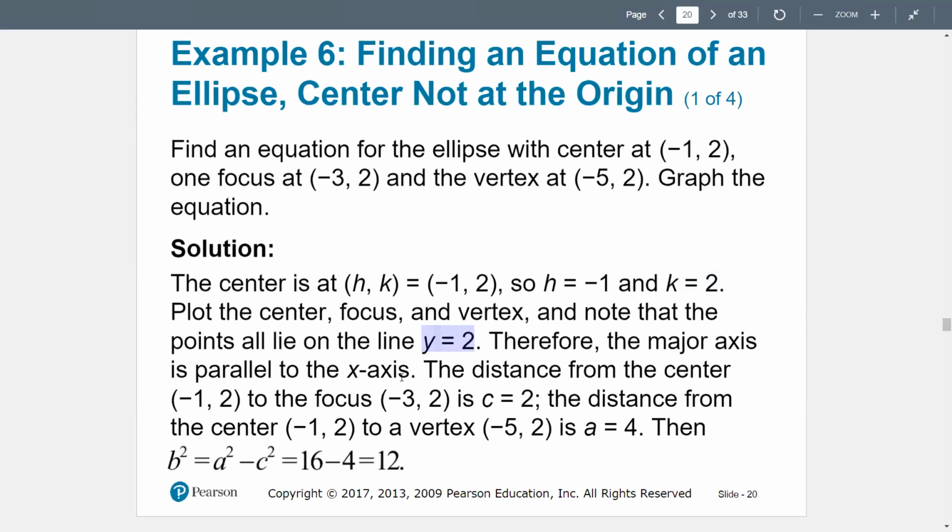Well, I guess parallel to the x-axis. All right. The distance from the center to the focus is c equal to 2, and the distance from the center to the vertex is a equal to 4. So then again, we plug in to get our b squared.